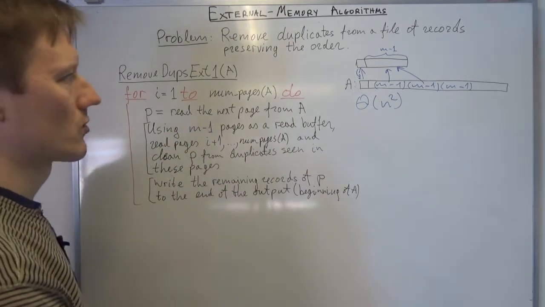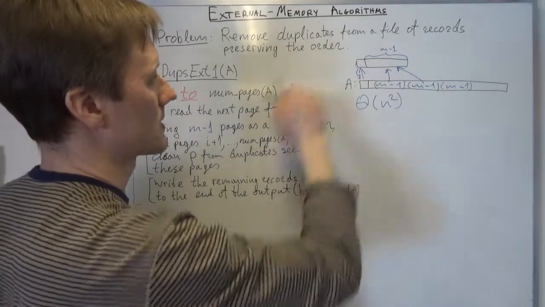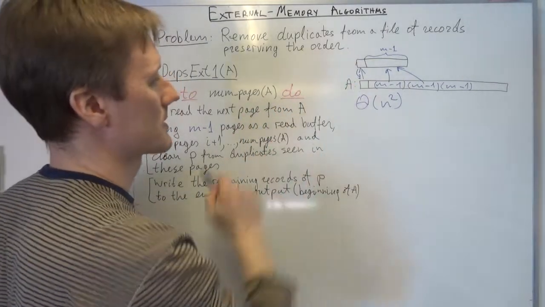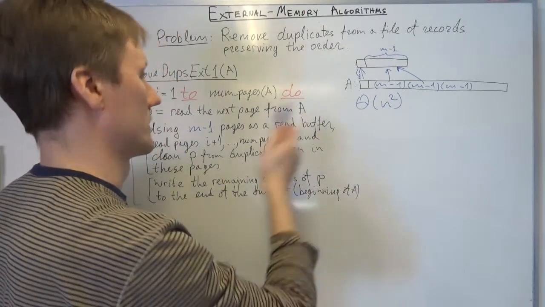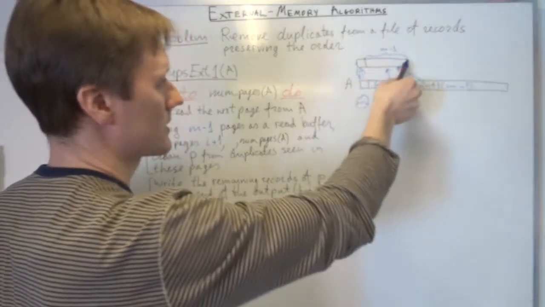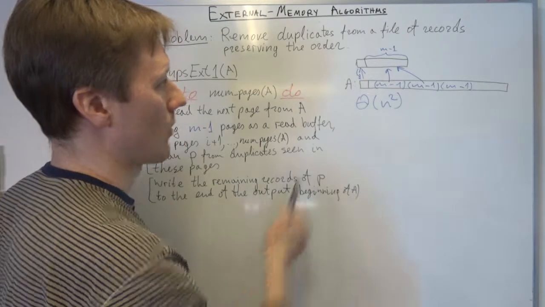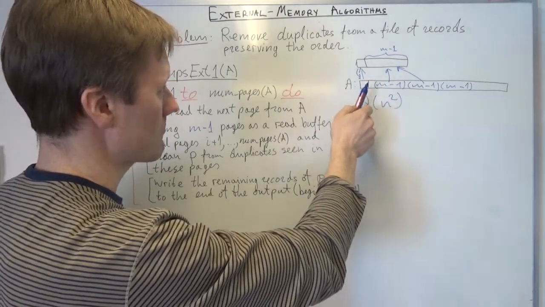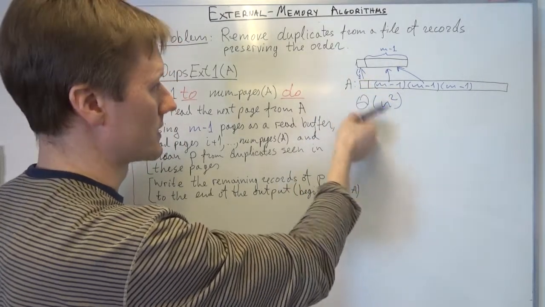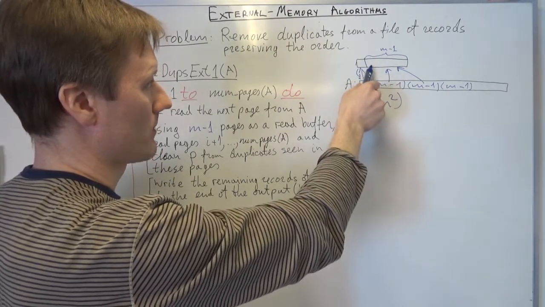The problem with this algorithm is that if I reduce the size of the memory, it still has the same running time. Or, put in other words, if I increase the size of main memory, it would still have exactly the same running time. So I can, for example, achieve exactly the same running time running with just two pages of main memory.